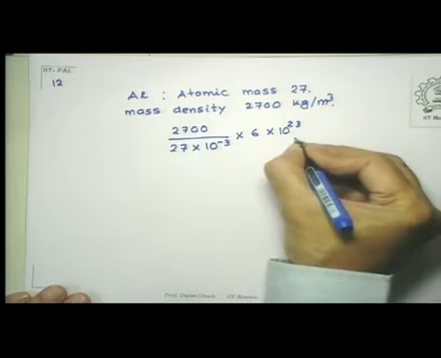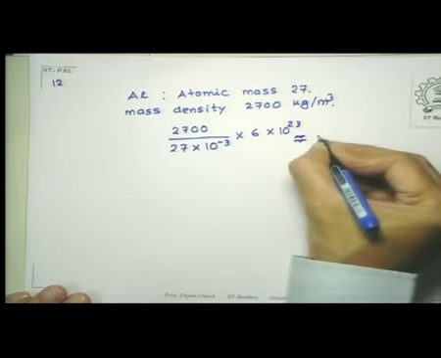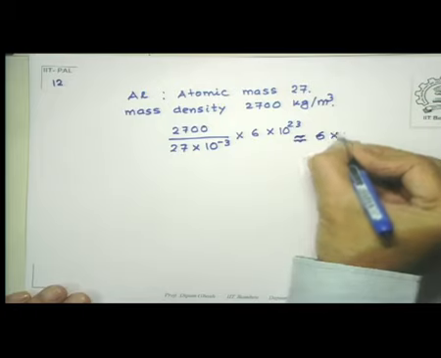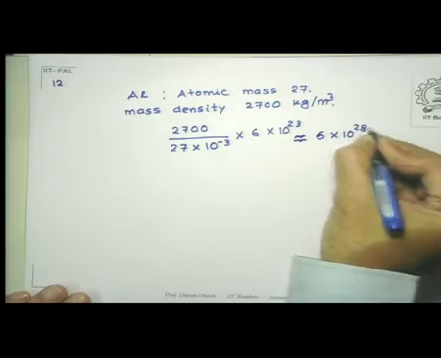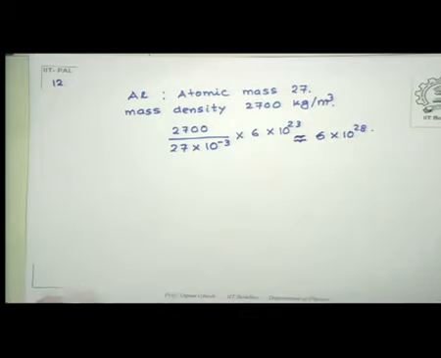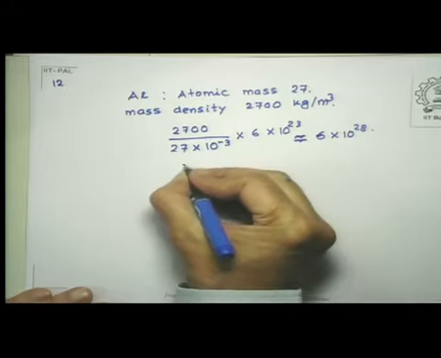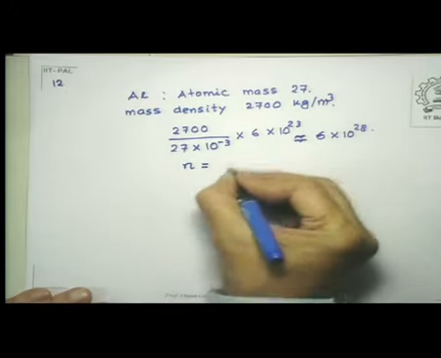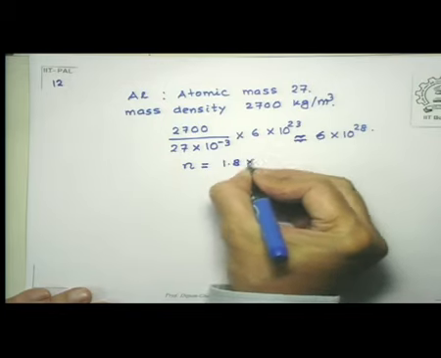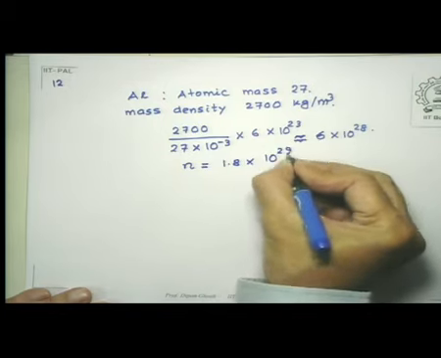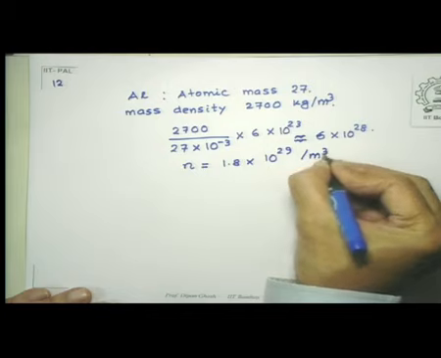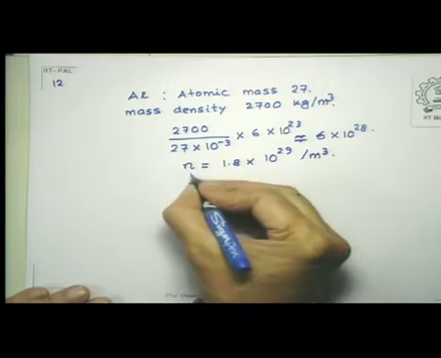So this is roughly 6 into 10 to the power 28 per meter cube. Now if I assume that aluminum contributes all three of its valence electrons to the electron gas, then my N will be 3 times that, which is 1.8 into 10 to the power 29 per meter cube. So this is your electron density.